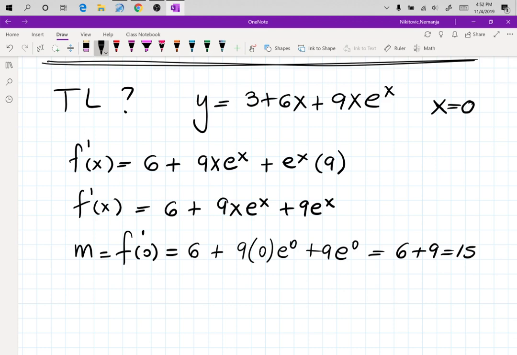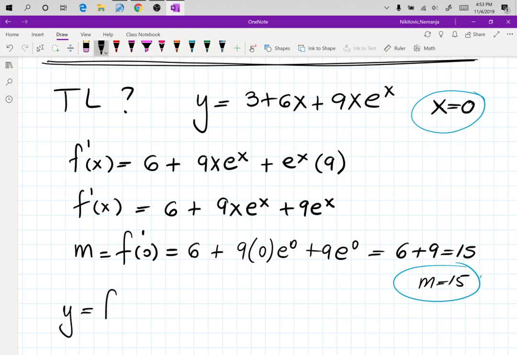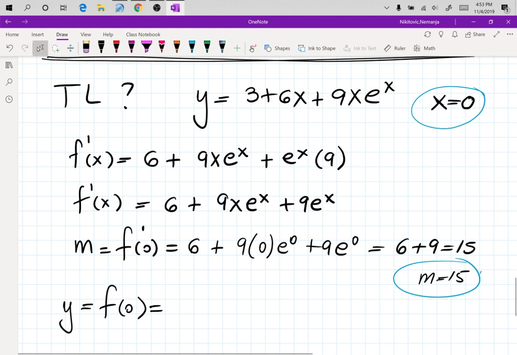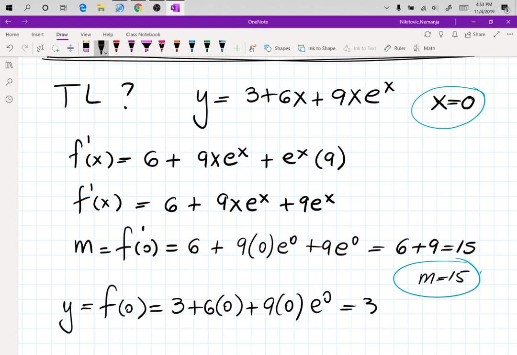Great. I have the x value, which is 0. I just calculated that the slope is 15. I need y. Y is when you take 0 and plug into the original function. That's going to be 3 plus 6 times 0 plus 9 times 0 e to the 0, which is 3.